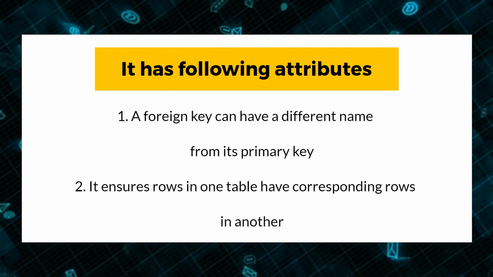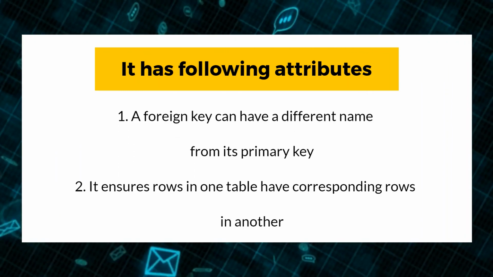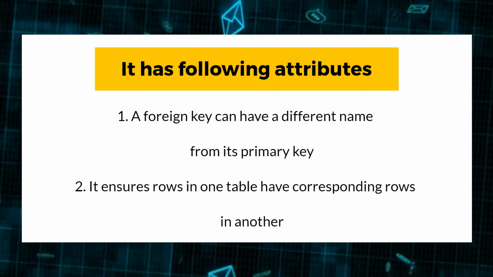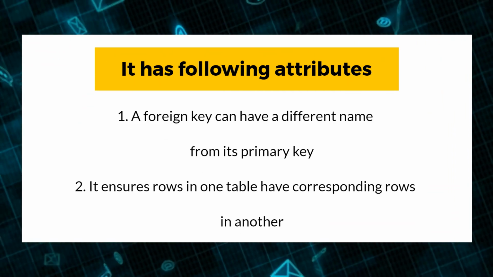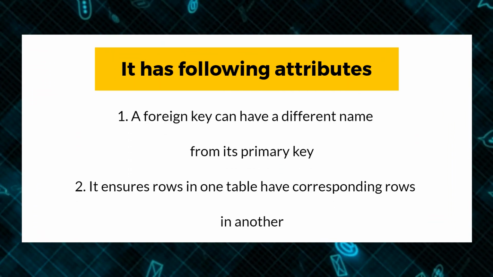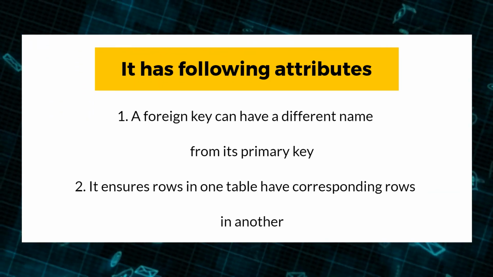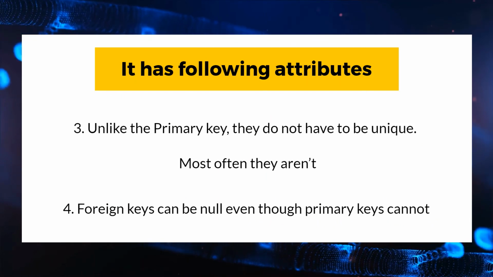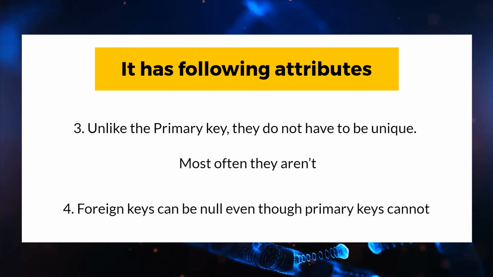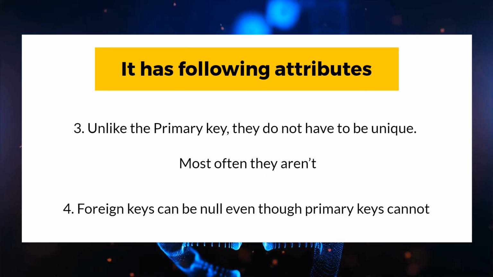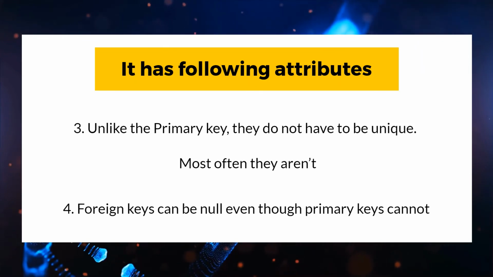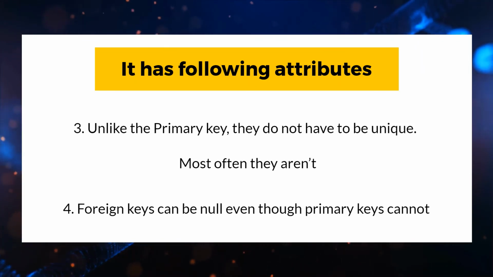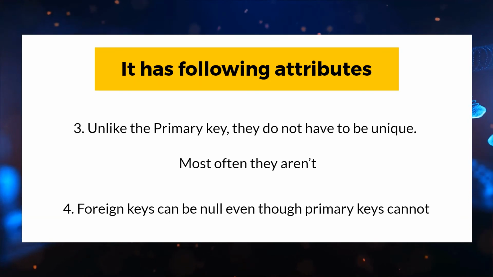Number 2, it ensures rows in one table have corresponding rows in another. Number 3, unlike the primary key, they do not have to be unique, and most often they are not.